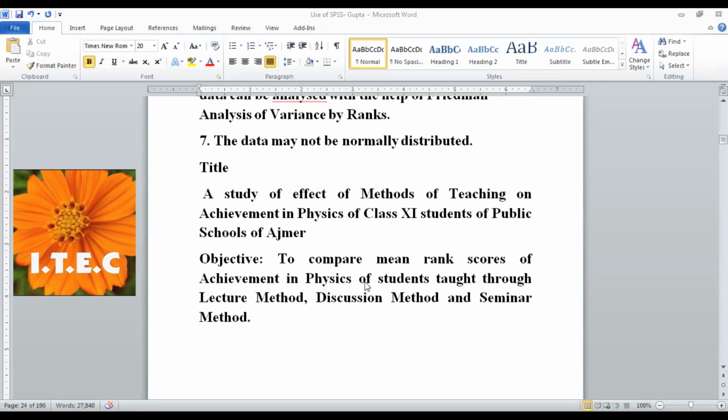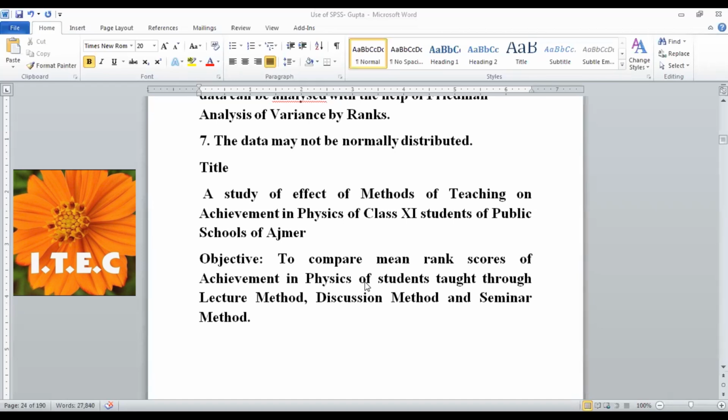Now understand, if you teach a particular topic with the help of lecture method, and then you administer a test, and now you are teaching the same topic once again through discussion method, that means the student might have understood certain things through the lecture method, and those which he or she could not understand may be understood through discussion method.